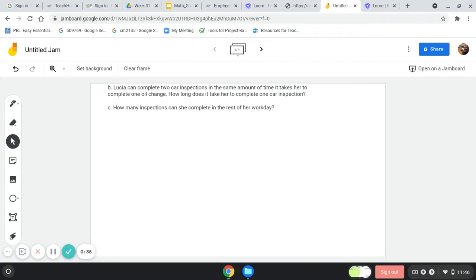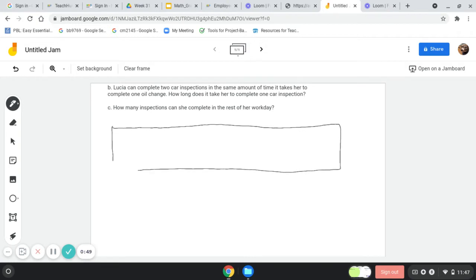So I'm just going to kind of go back. Lucia had 3.5 hours left to her workday. So what we did was we took those 3.5 hours and we created a diagram to represent it. So this is 1 hour. That's 2 hours. That's 3 hours.